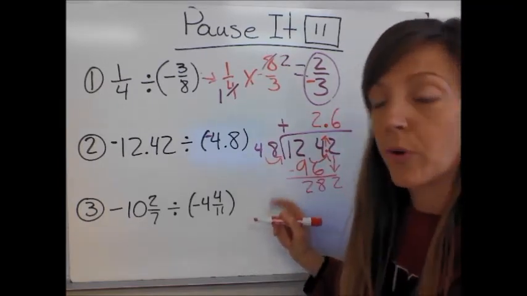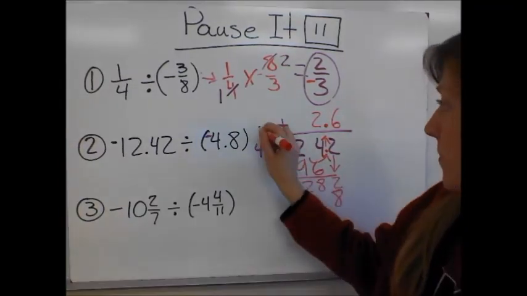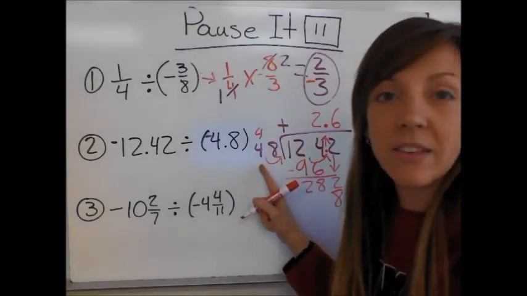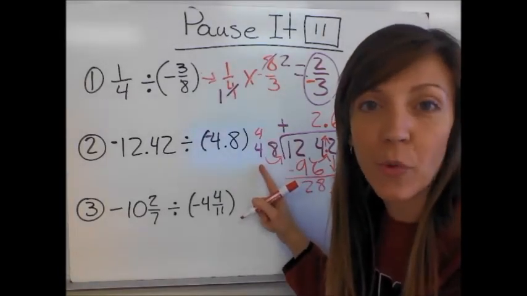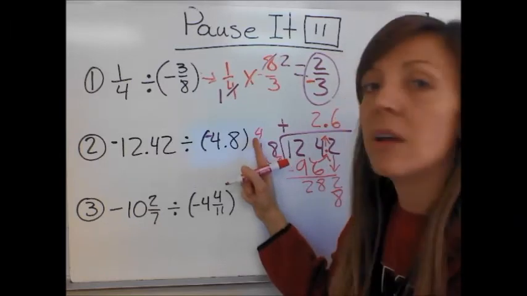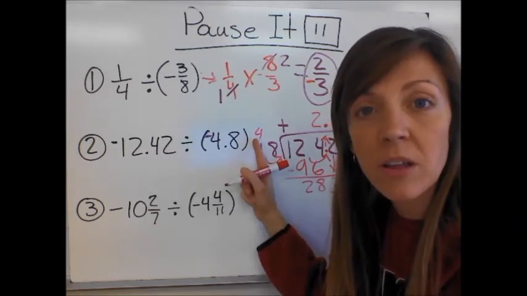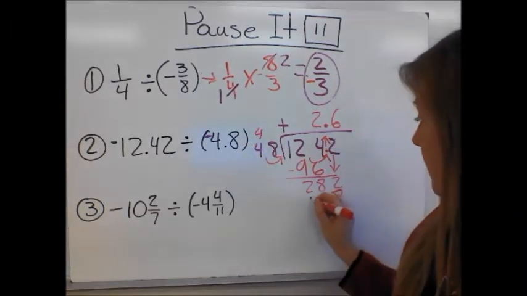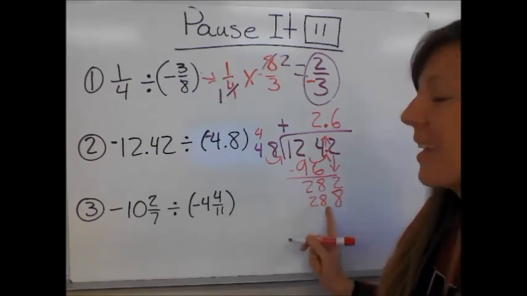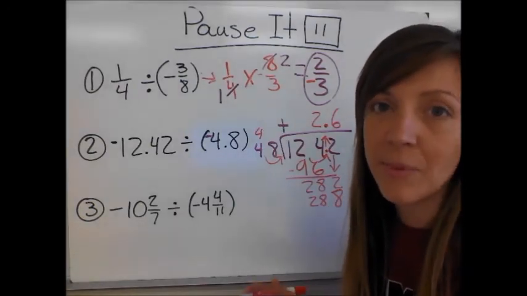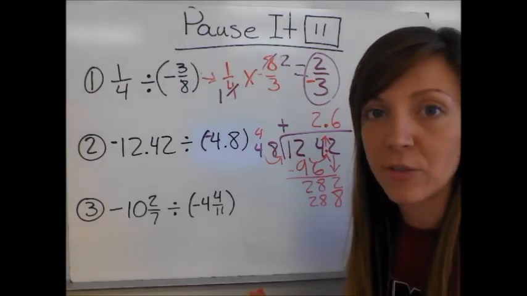6 times 8 is 48. 6 times 4 is 24, so 6 times 40 is 240. Plus 40 more is 280. And I get 288. My estimate was too high, so I have to change that 6 into a 5.